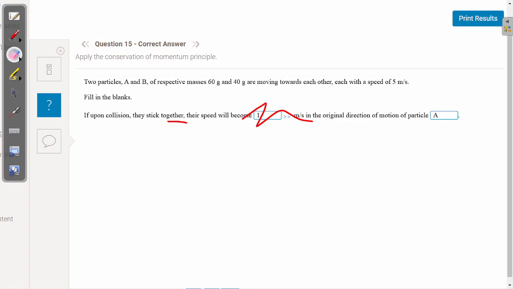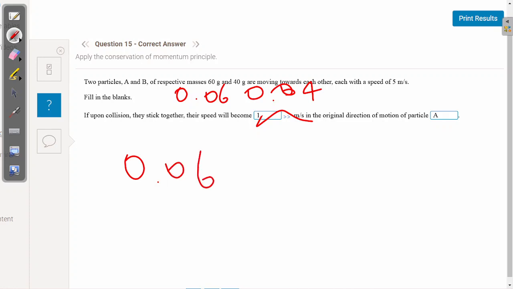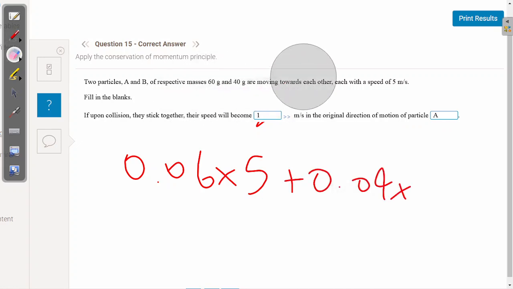First you convert all of this into kilograms. It will be 0.06 kilograms and 0.04. So 0.06 times 5 plus 0.04 times, they said both of them with a speed of 5.